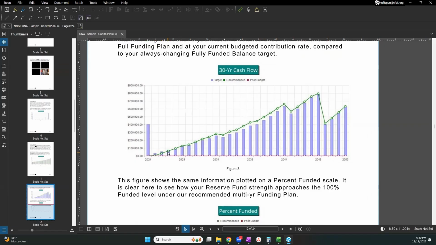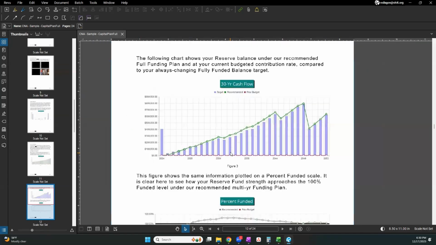And then this green line represents where the plan is actually recommending our contributions. So our annual contributions and then the spend down. And actually for a majority of the time, we hope to have more than the target balance.